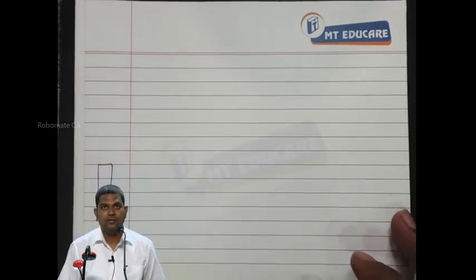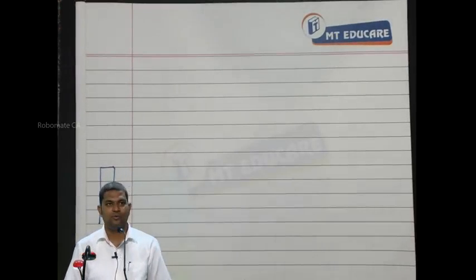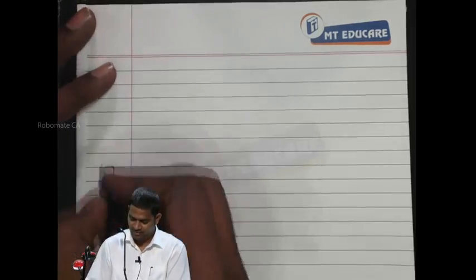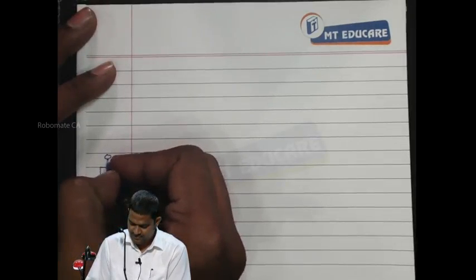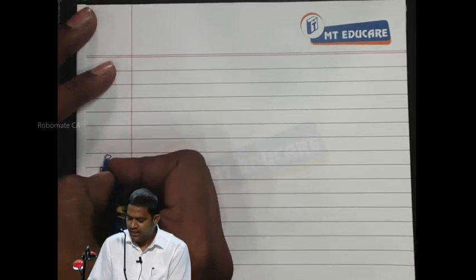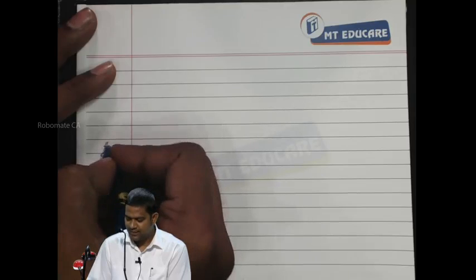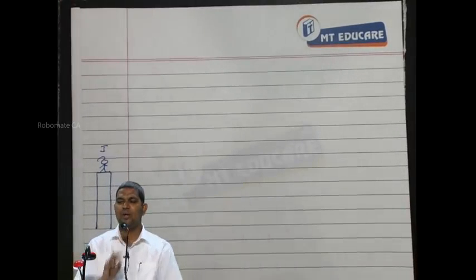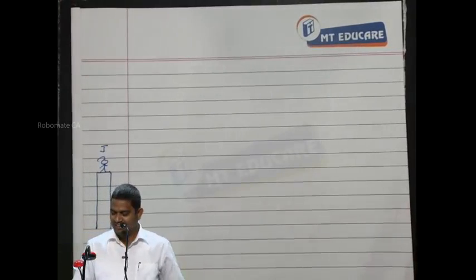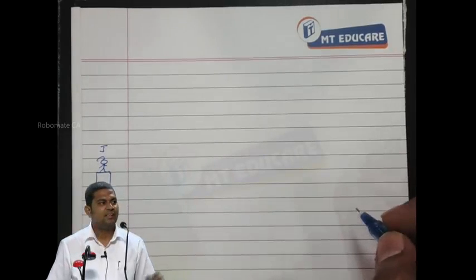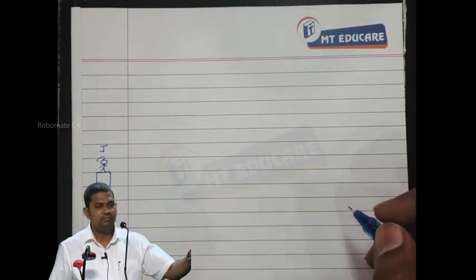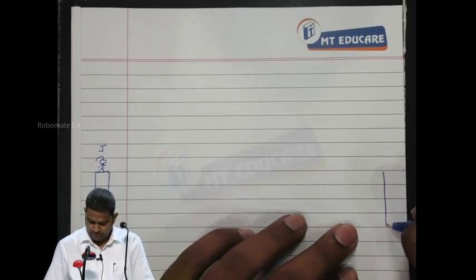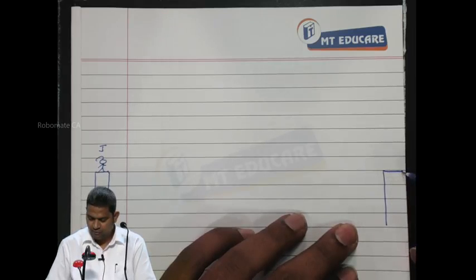There is a building over here. Can you see this building? Good. And on the terrace of this building, there is one girl, Miss Janani, standing. Janani, listen. Far away from this building, there is one more building.